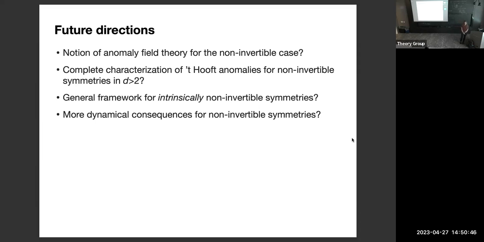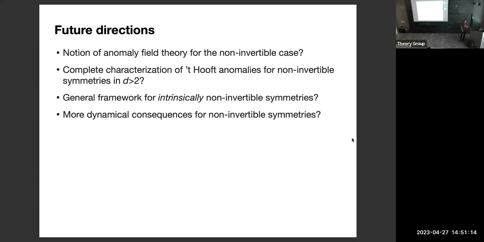Is there a way to state this result in terms of what sort of 5-manifolds I should consider to detect these anomalies? What do you mean? Like engineering or mimicking interesting topology in 5-manifolds, at least in the case of 4-dimensional non-invertible defects, for 4D theories.